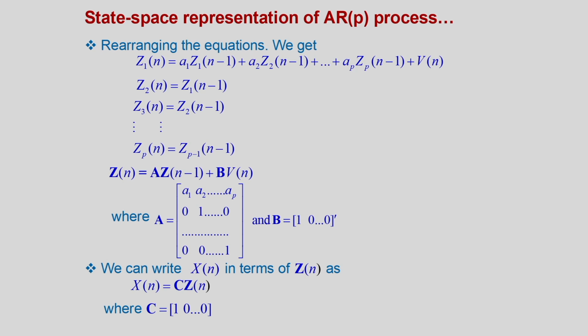So, that way we can get, suppose, xn is equal to C times Zn, where C is now 1, 0, 0, like that 0, into the Zn vector.